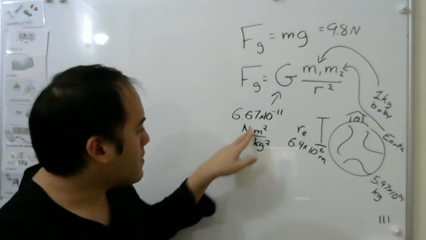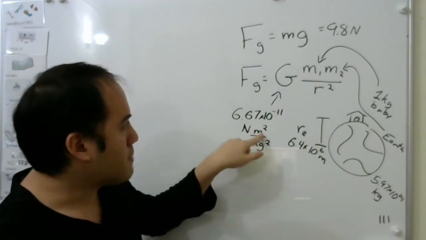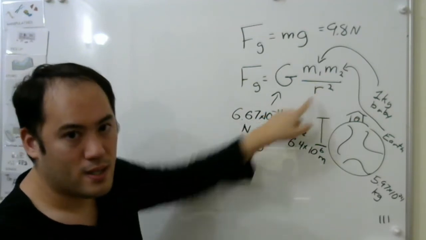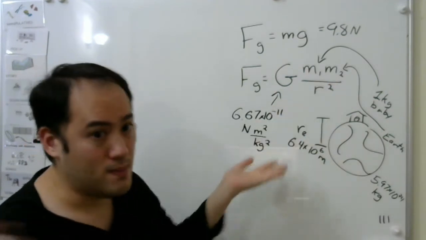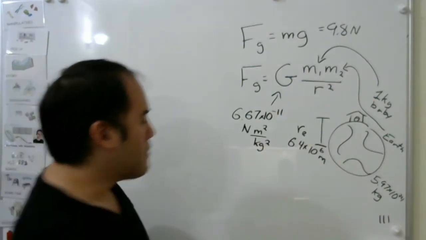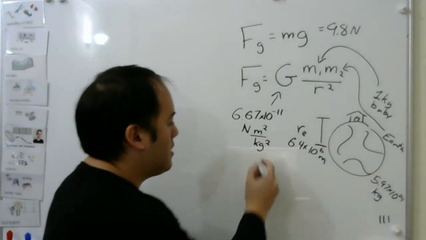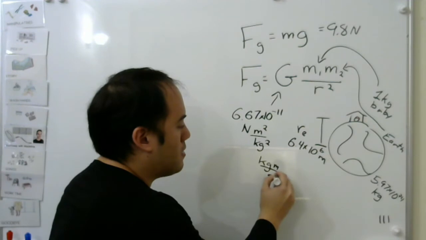It's in newton meters squared per kilogram squared. Those are crazy units. Don't worry about what they mean. The meters cancel meters squared, and the kilograms cancel kilograms, so it comes out newtons, which is what we want. If you want to be fancy, you can say a newton is a kilogram meter per second squared.